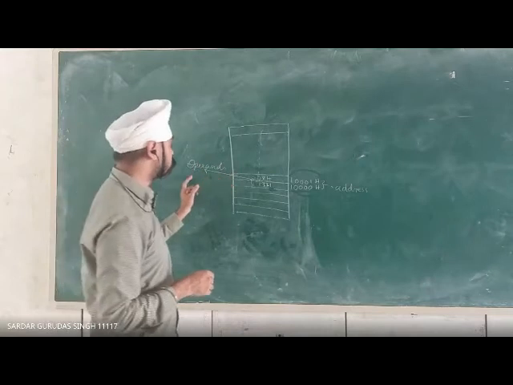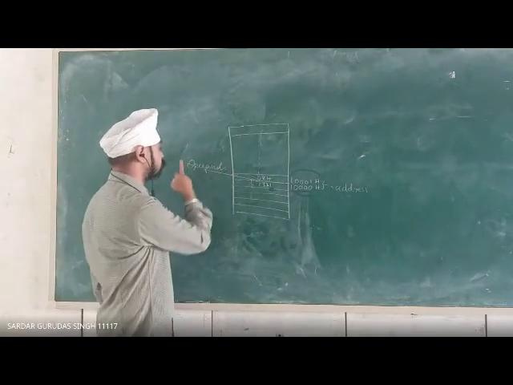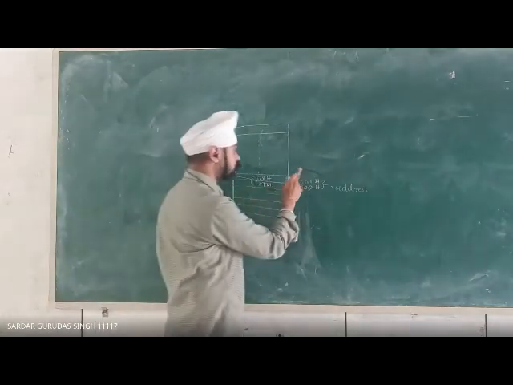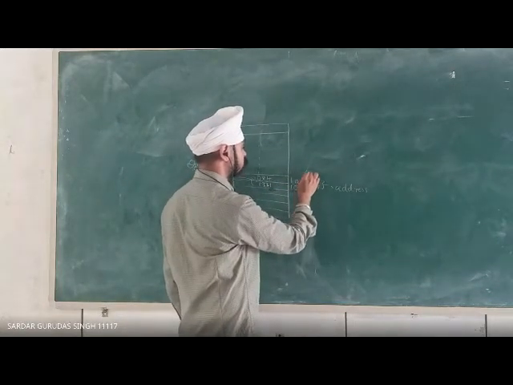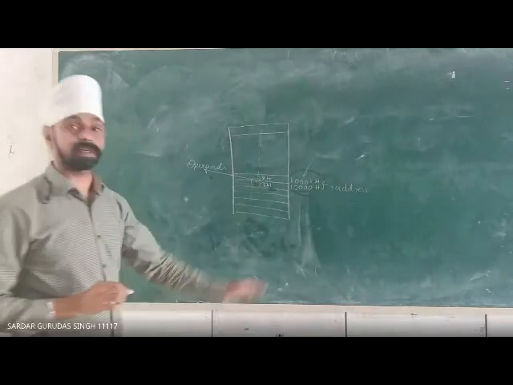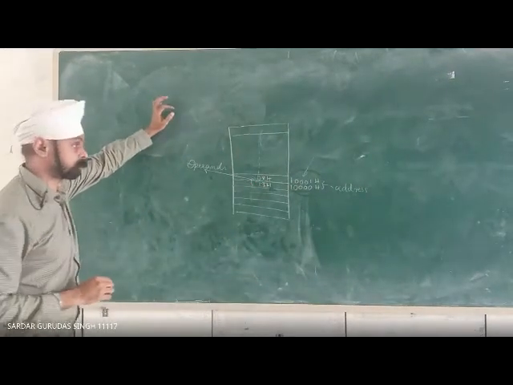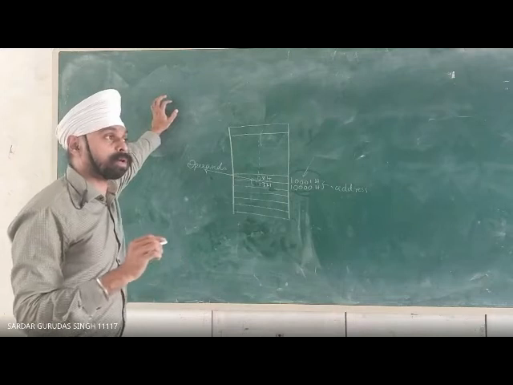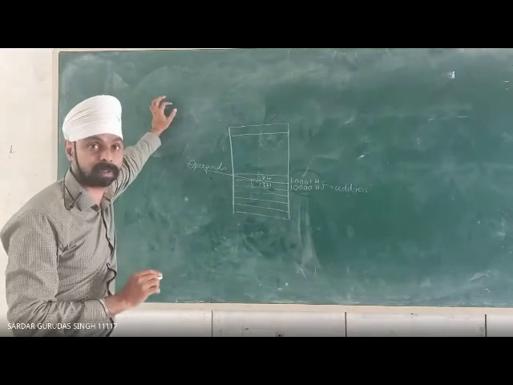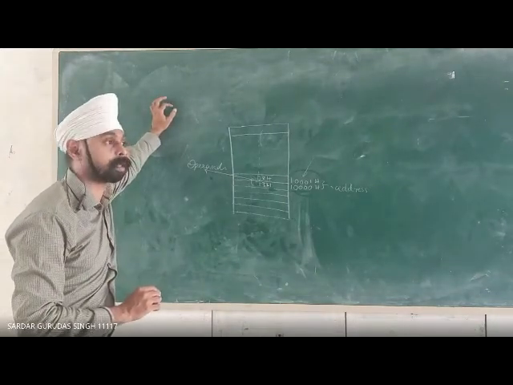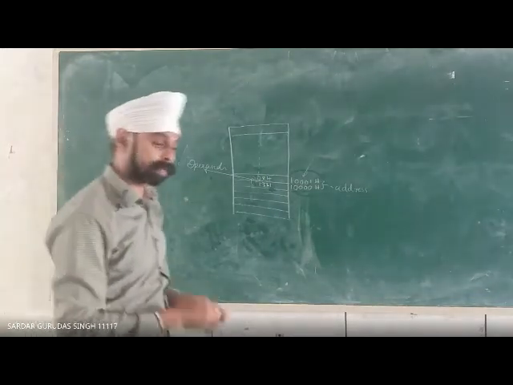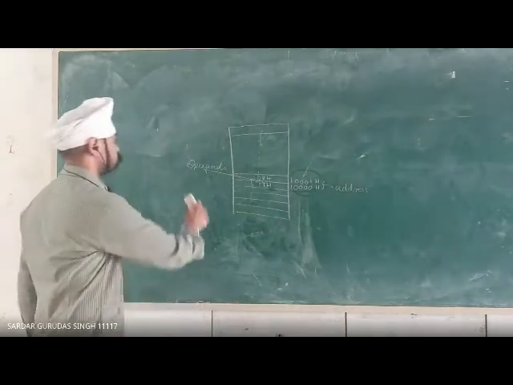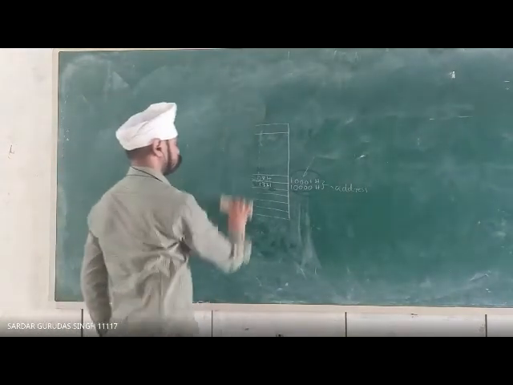How will your CPU access this data? How to specify this address? That is what we study in addressing modes. There are different types of addressing modes for accessing these operands, and we will discuss each one of them individually.